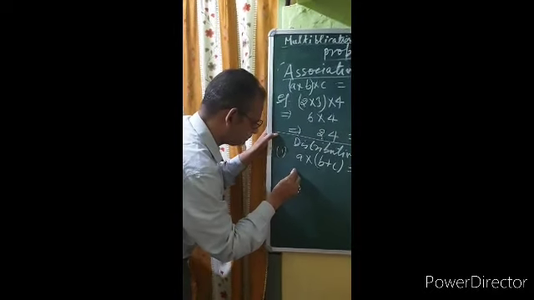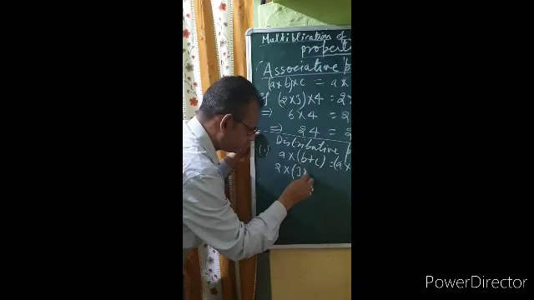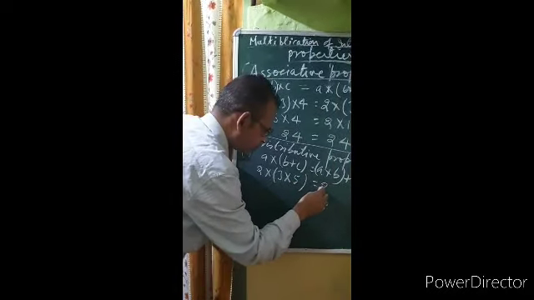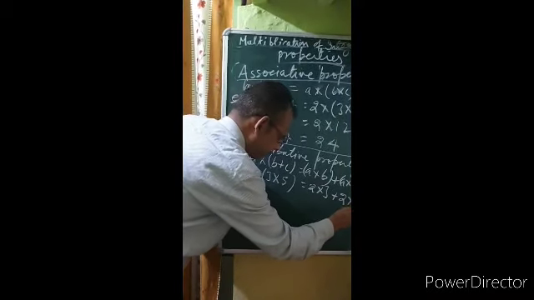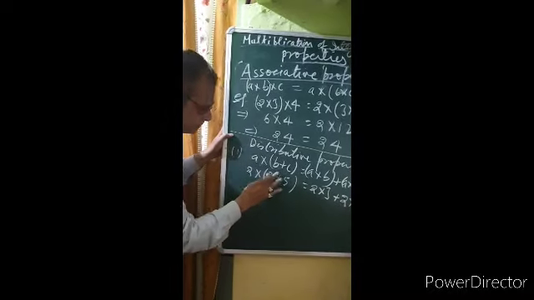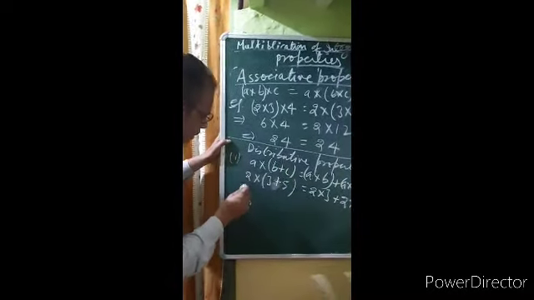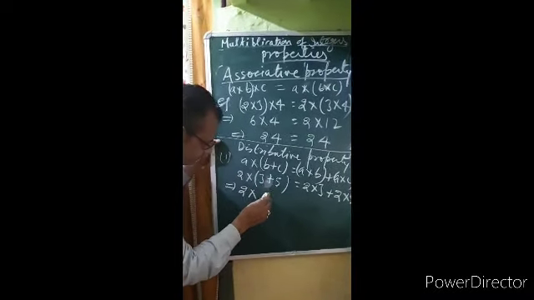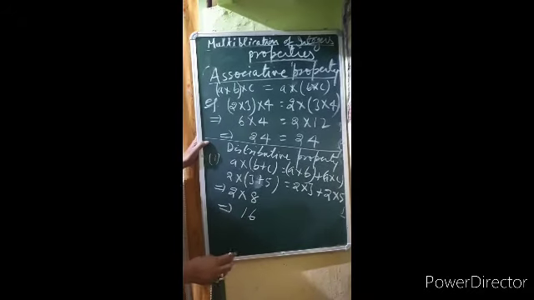Let us take an example. 2 into (3 plus 5) equals 2 into 3 plus 2 into 5. Now 2 into (3 plus 5): 3 plus 5 will be 8, so 8 twos are 16, the answer.